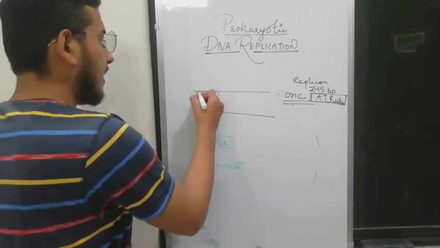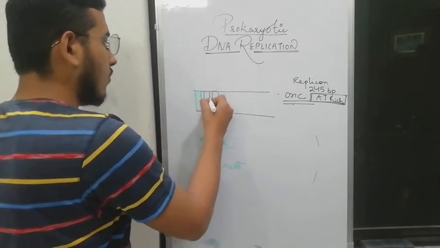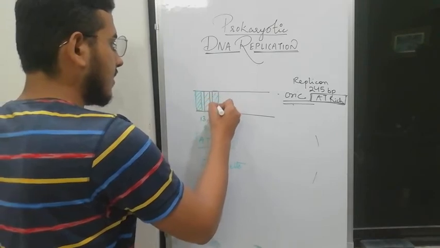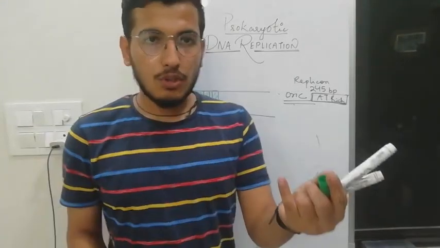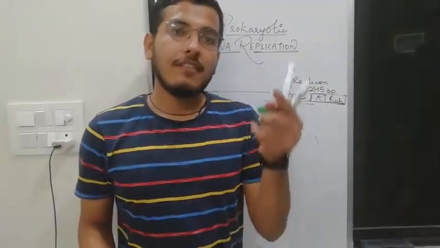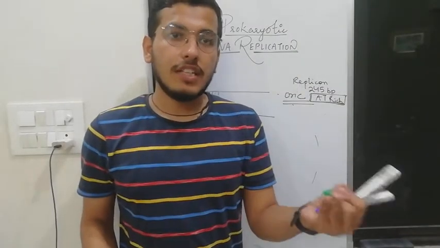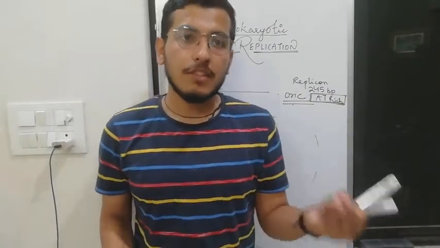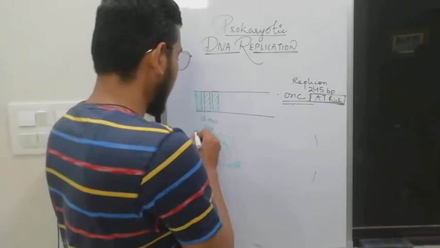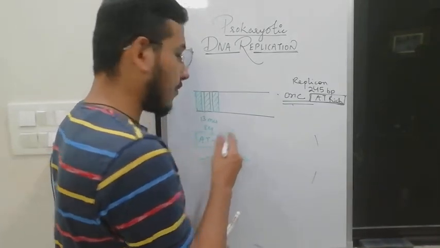So in the OriC region we have three sets of 13-mer sequences which are rich in AT, and from here the DNA melts.